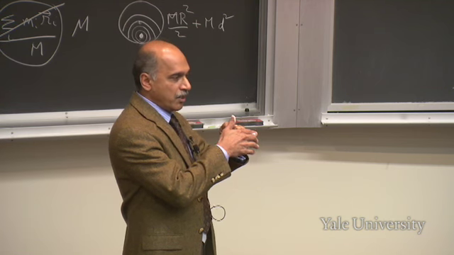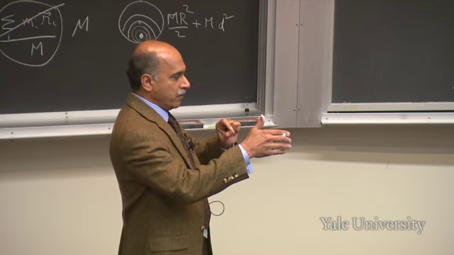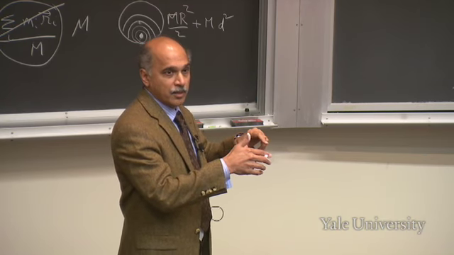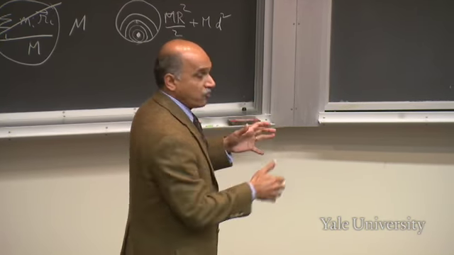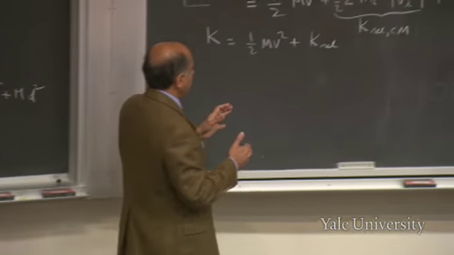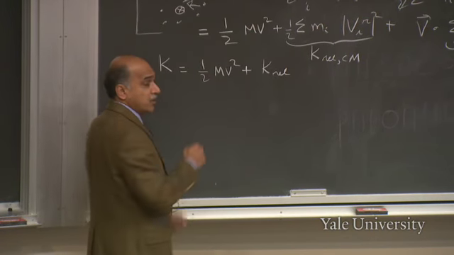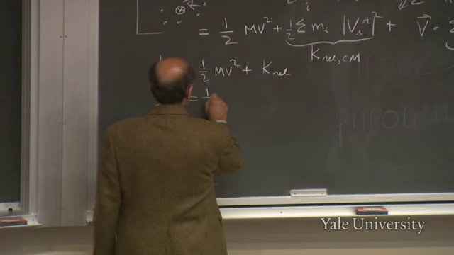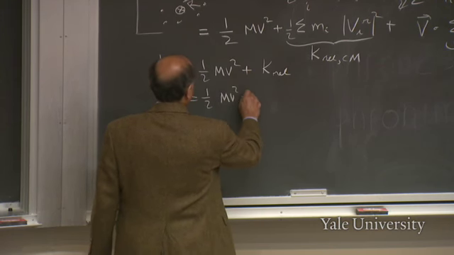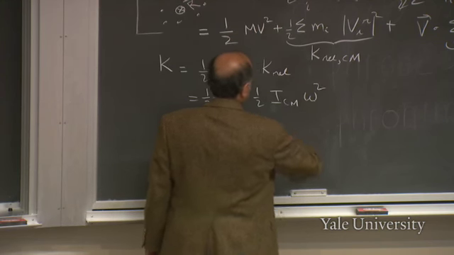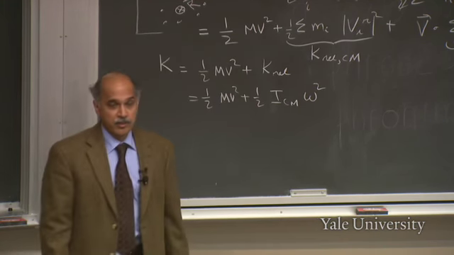Because if it is not around the center of mass, then the center of mass will be moving relative to the axis of rotation. But that's not allowed, because according to you, the center of mass is not moving. Therefore, any rotation that takes place must be around an axis passing through the center of mass. In that case, we know what the kinetic energy is. It's 1/2 mv squared plus 1/2 I center of mass omega squared, where omega is whatever the angular velocity is at that moment.